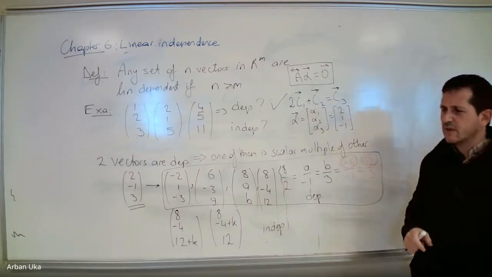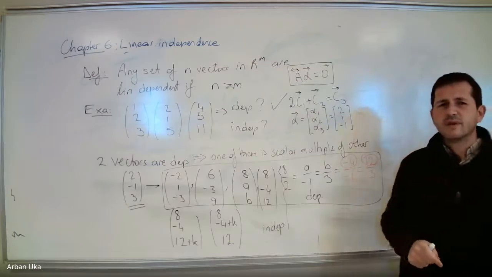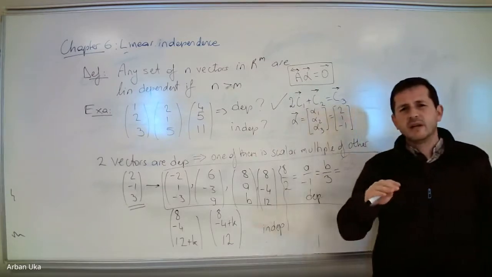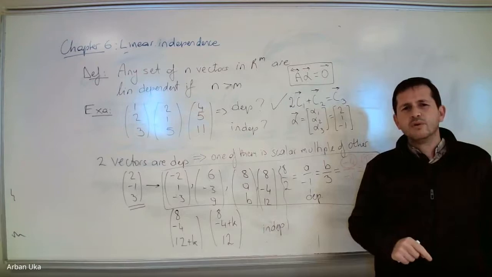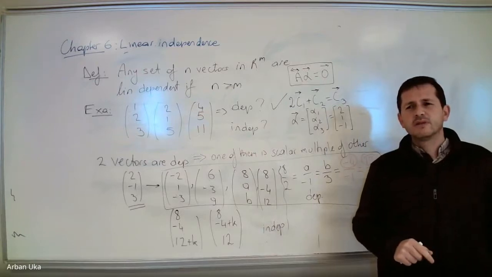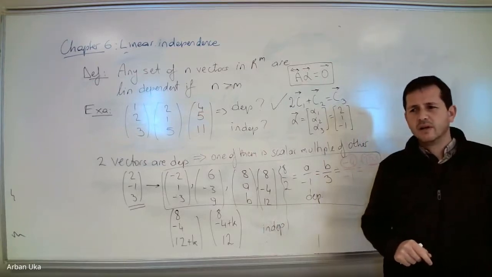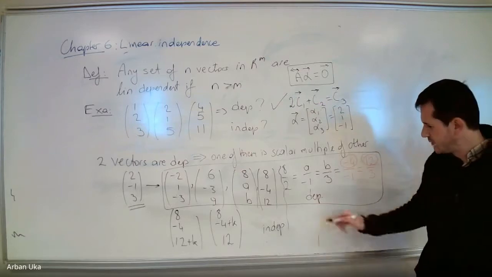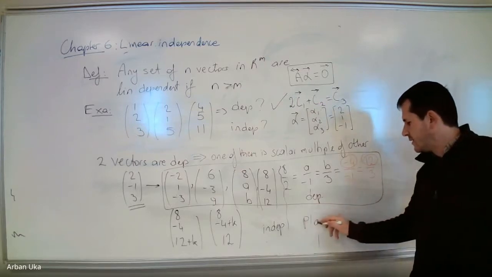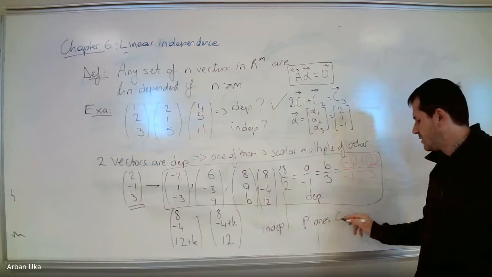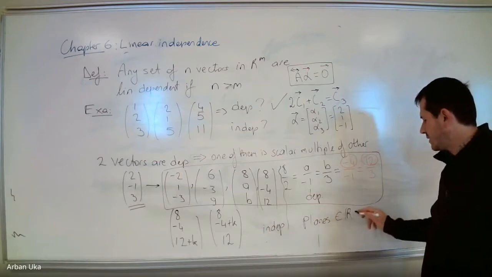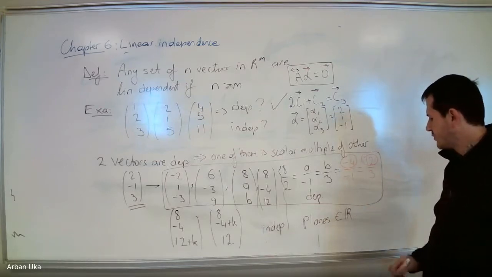So we used to say that if you have a space which could be a plane, and this plane is not passing through the origin, then this plane is not a subspace of R squared or R cubed, because planes are found in R cubed.